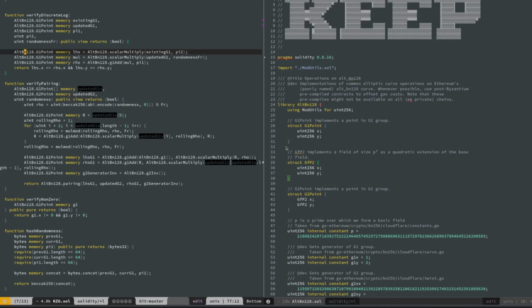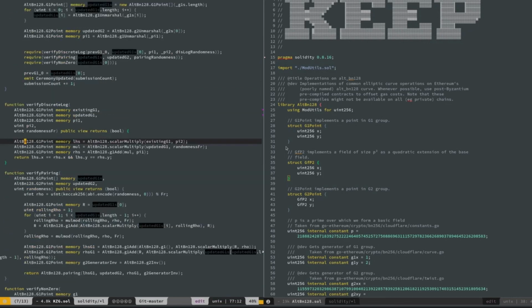Okay, so let me maybe do that. Yeah. Okay. So we're going to multiply the existing G1 by PI2. What? That's interesting because I thought PI2. Oh, okay. Sorry, I'm getting confused between PI1 and PI2.